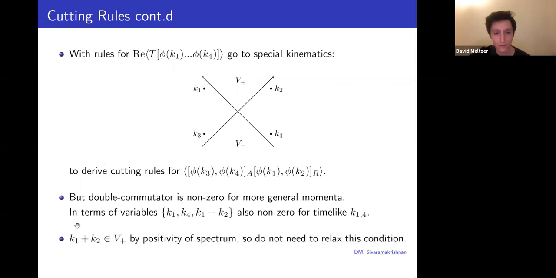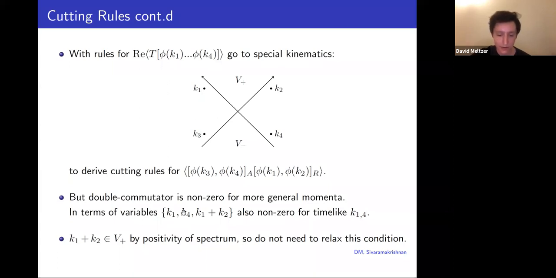I don't have to. K1 plus K2 is always in the forward light cone because these two operators are acting on the vacuum. So from the spectral condition, they have to lie in the forward light cone. So the problem of reconstructing the full double commutator is then just a problem of analytically continuing K1 and K4.